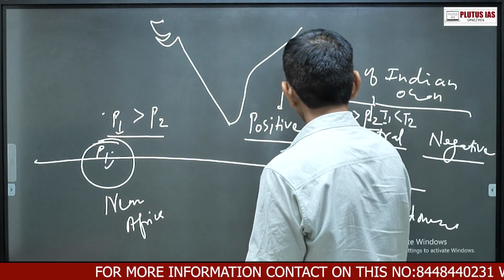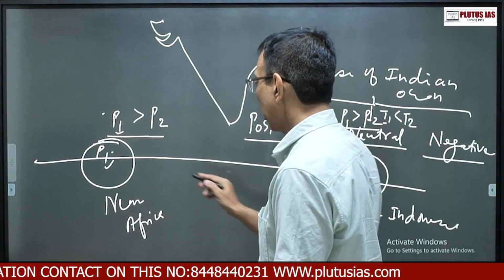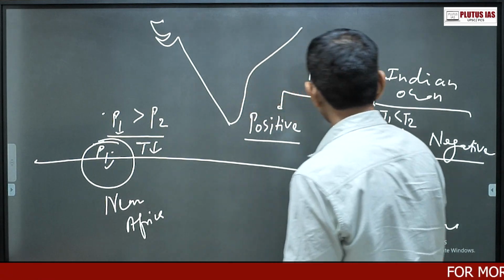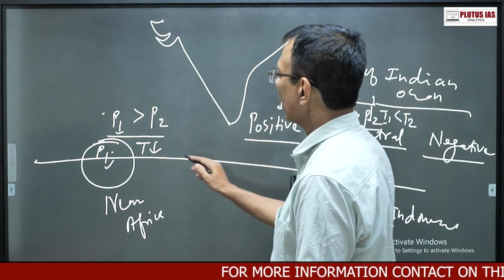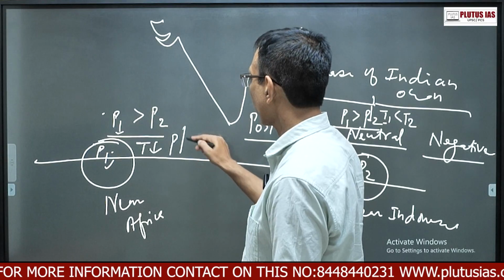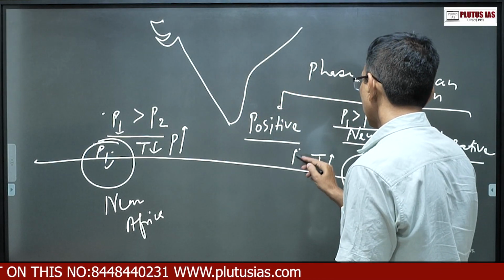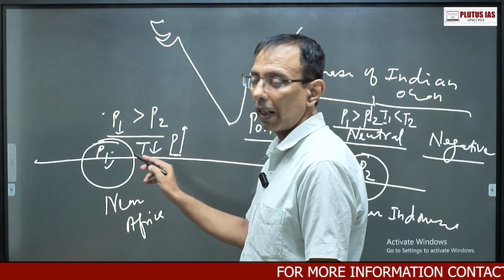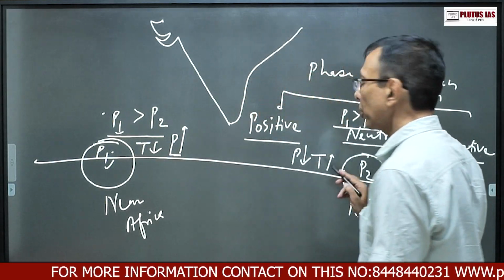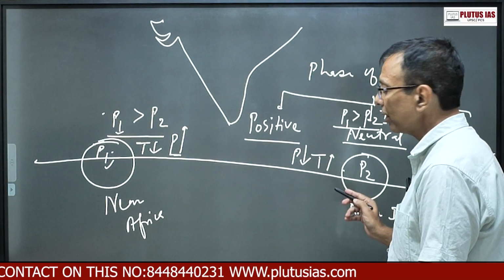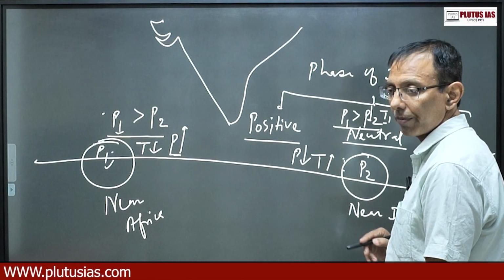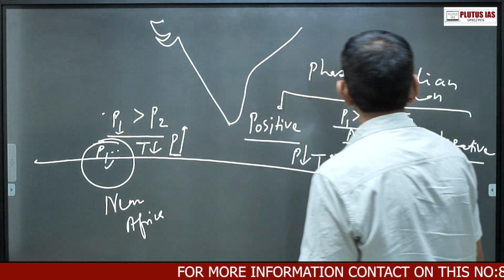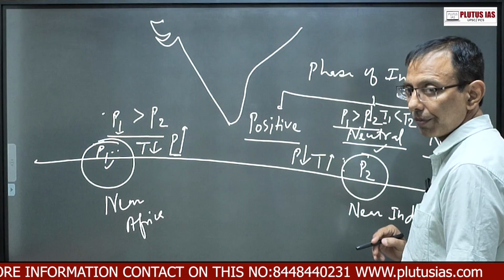So suppose the temperature of that region is more and the temperature of that region is comparatively less, then the situation would be more pressure and less pressure. So the combination could be made as P1 is greater than P2. That is, more temperature is there in the East Ocean than the West Ocean, then the condition would be neutral.